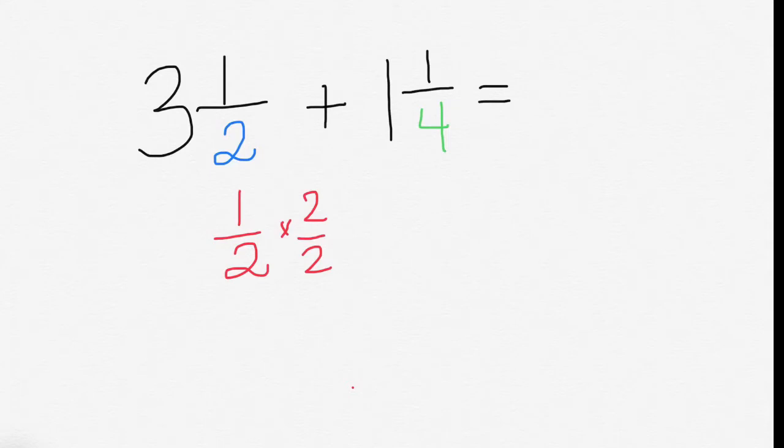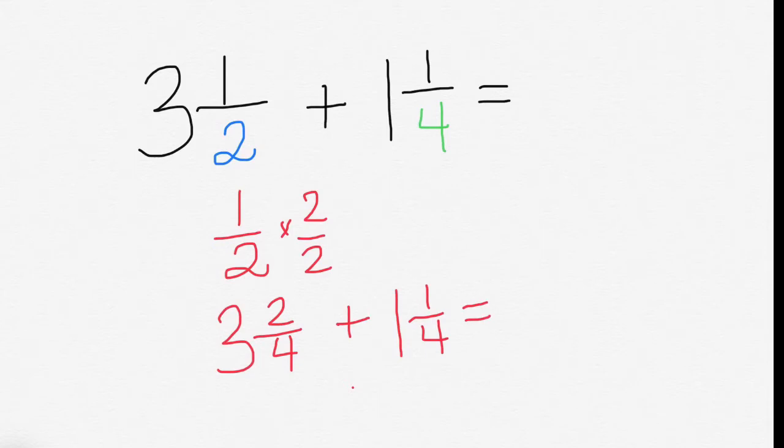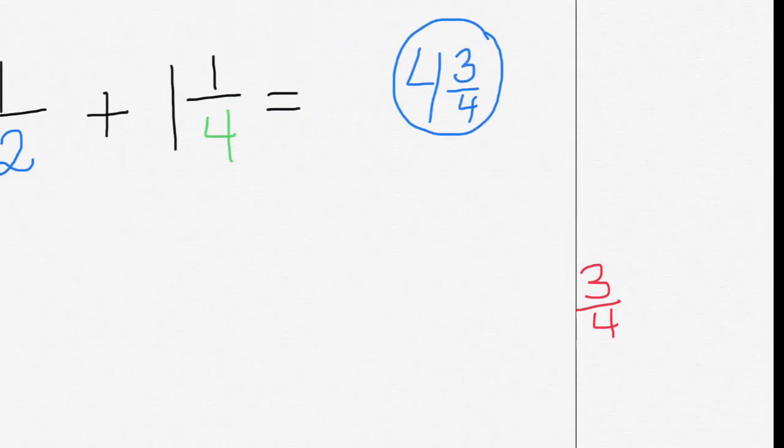So then I would get 2/4. So my new mixed number would be 3 and 2/4 plus the 1 and 1/4. And that would yield 3/4 for my proper fraction and 4 when I add the two whole numbers.